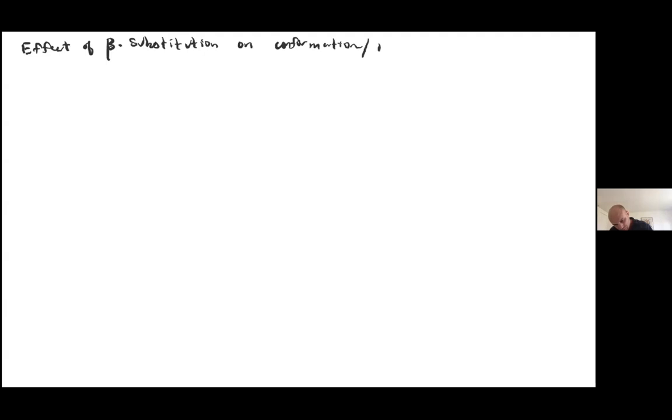So we'll just spend a couple minutes talking about the effect of beta substitution on the conformation of the molecules, and then also reactivity. The simplest beta unsubstituted halide would be an ethyl derivative, like ethyl bromide, for example.